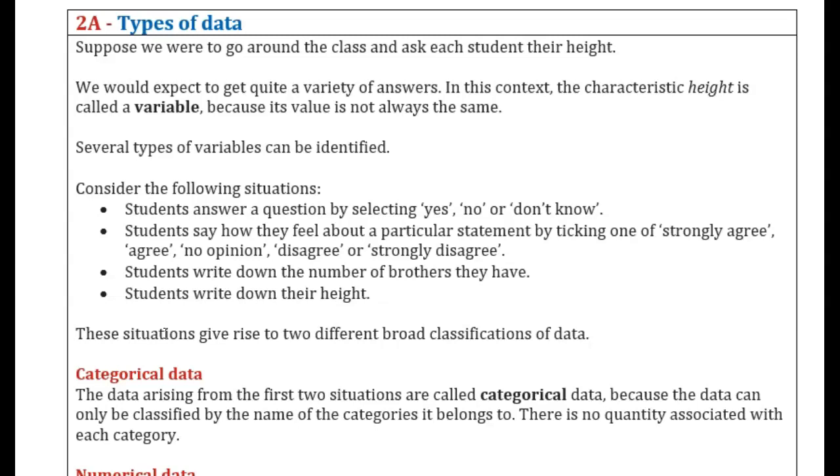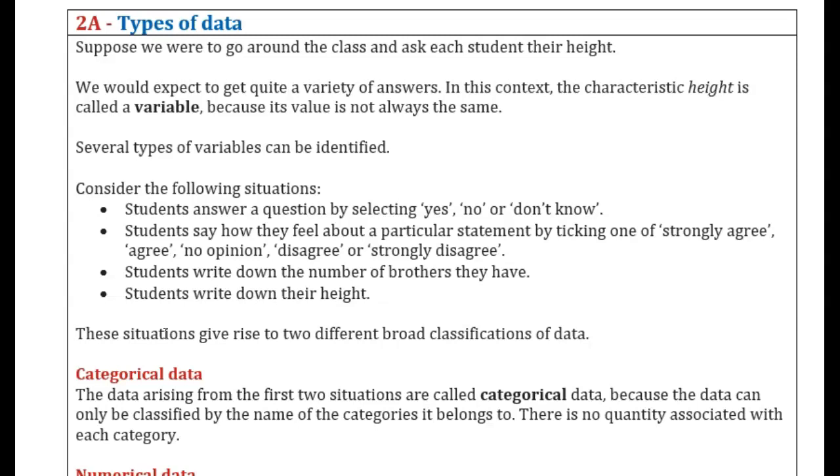The one you're probably thinking about is measuring using a measuring tape, so you're going to measure in, say, centimeters. That would be different to if you were to categorize the students as either short, tall, or medium height. Even though we're measuring height for both, the type of data does differ, and that's what this chapter is going to look at.